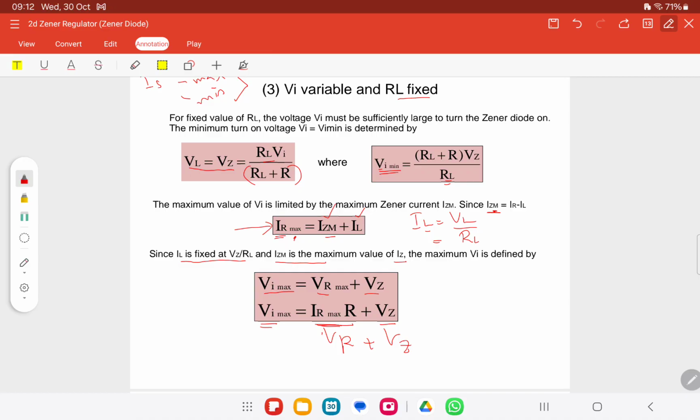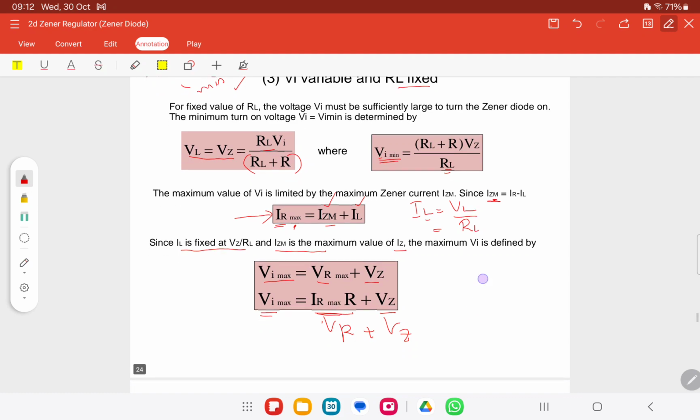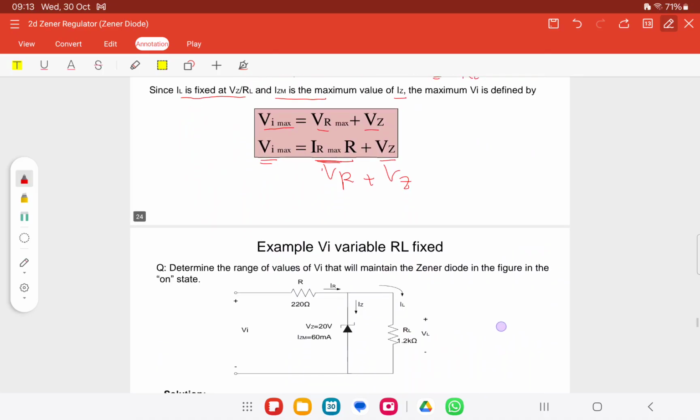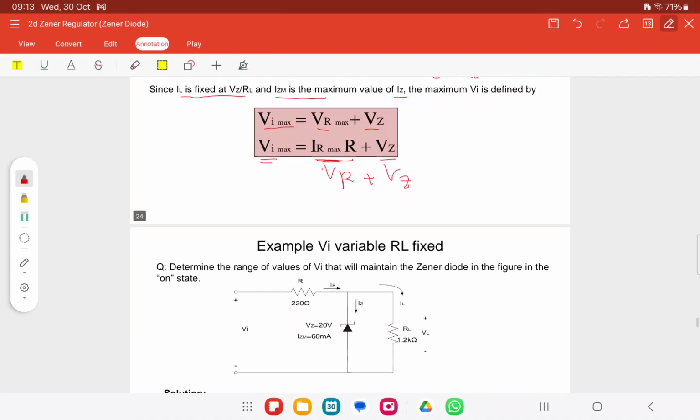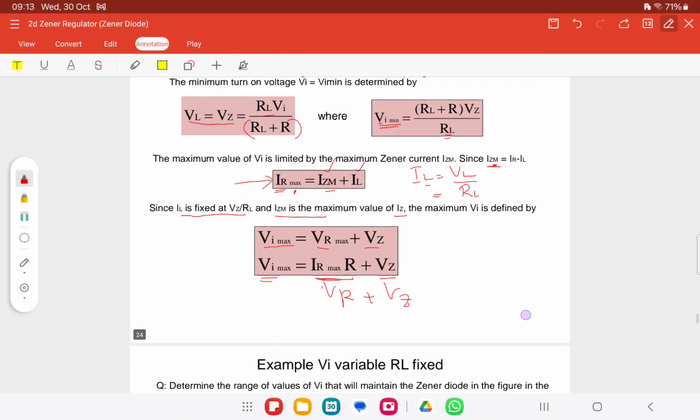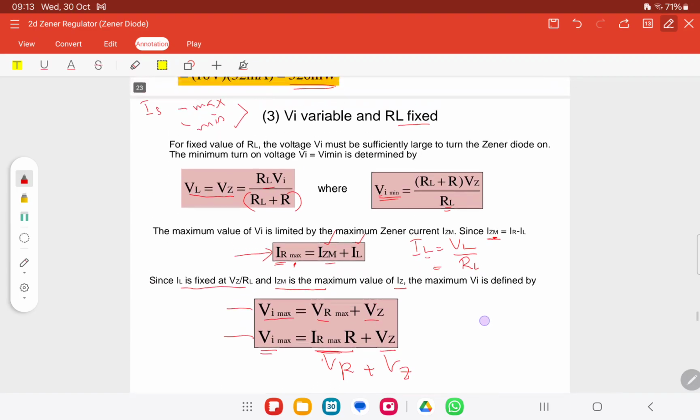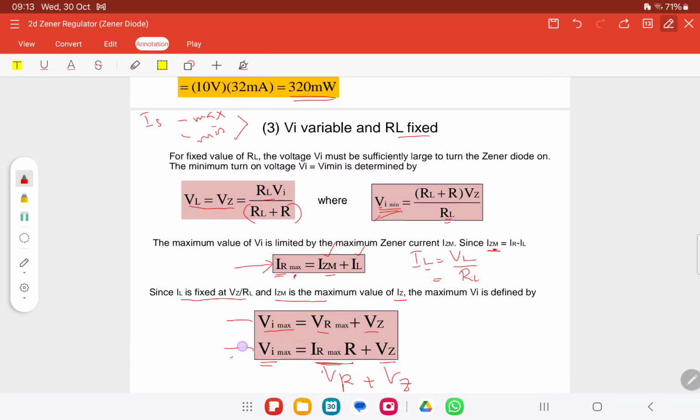Ini konsep of Kirchhoff voltage law, kan? Voltage source is equals to the voltage drop at each of the component. Okay, alright. So dah sudah. Tu je lah. Okay, because since it is vary the voltage source, dia cuma nak cari voltage source max dengan min lah. Okay, tadi dah dapat yang min, ni dah dapat yang max.